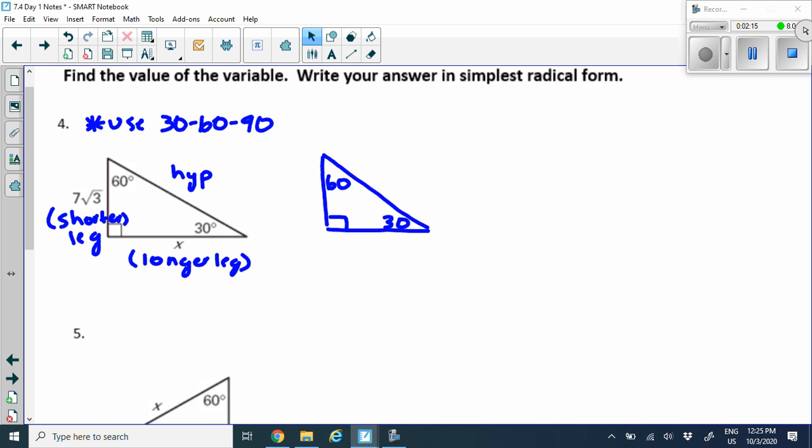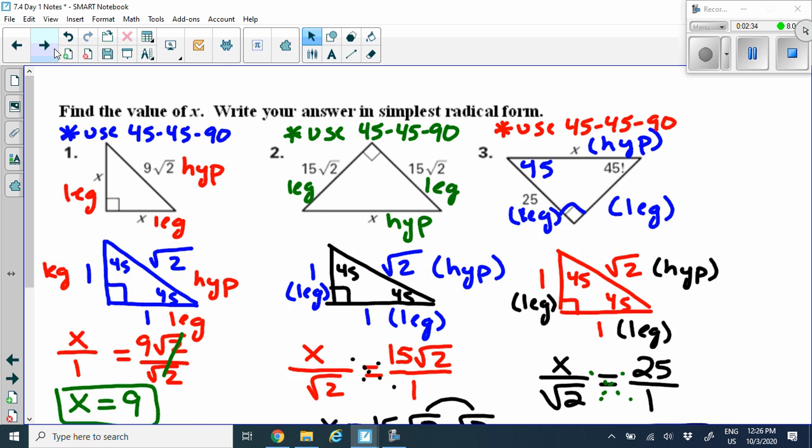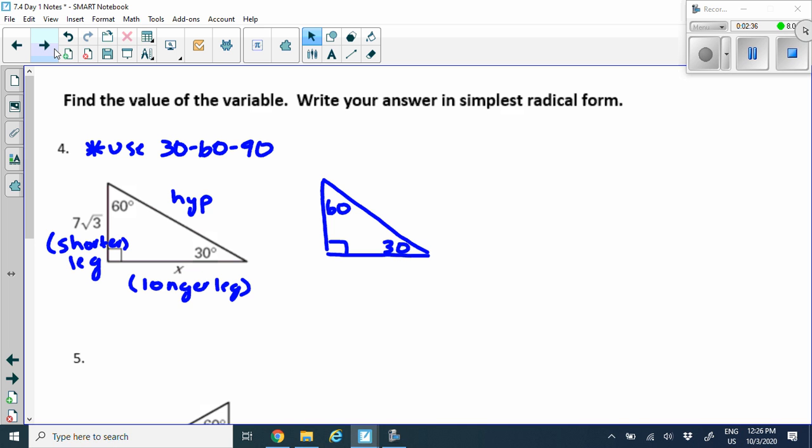Now, you will have to go back to when we wrote the general triangle for our 30, 60, 90. The hypotenuse was 2. The longer leg, which is across from the 60, is square root of 3. And then the shorter leg, which is across from the 30 degrees, is 1. So that's what we're going to write here. Our hypotenuse is 2, and from the 30, it's going to be 1, and then square root of 3 from the 60.